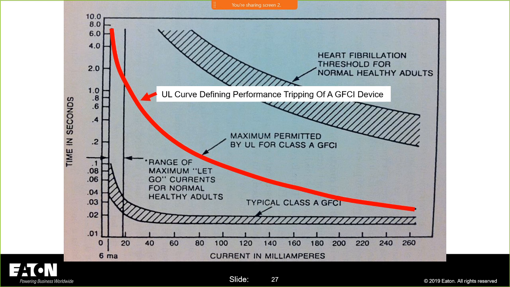If you have heart conditions or other medical conditions, it doesn't mean your GFCI is going to protect you. I do electrical safe work practices training, and Jim Dahl at Local 98 pointed this out during a class one time. And I never really thought about it this way. He asked the question, if you're wearing fall protection and you fall off a scaffolding, is that going to save your life? Are you sure not to have a fatal injury?